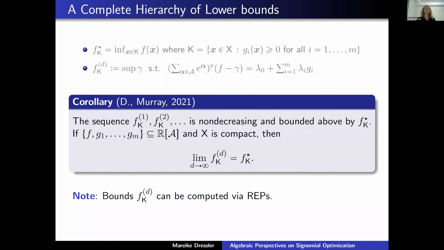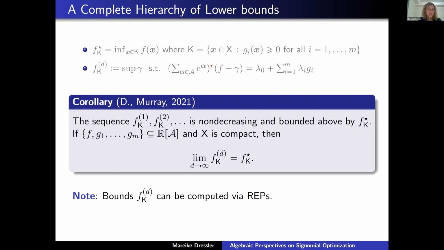And this, in fact, gives us a non-decreasing sequence of lower bounds, upper bounded by the optimal value f_K star. So we say that this hierarchy we provided here is really complete. And every such bound f_KD can be computed via small but clearly increasing in size relative entropy programs.